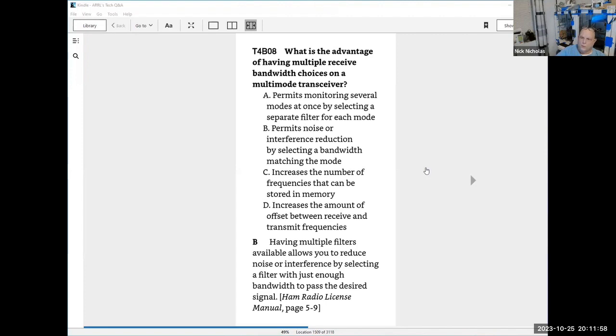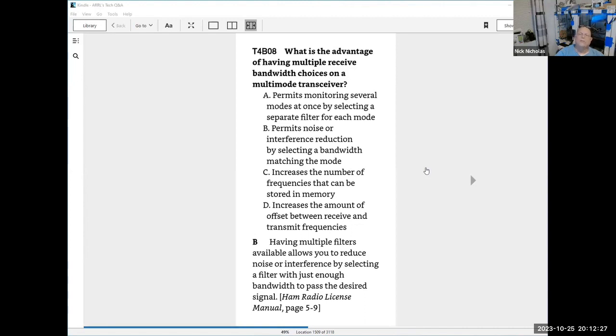So the B answer explains this further at the bottom there. It says multiple filters allow you to reduce the noise or interference by selecting the filter with just enough bandpass to the desired signal. And that is because we can mix frequencies together, create multiple bands to operate with, and then filter out what we don't need.